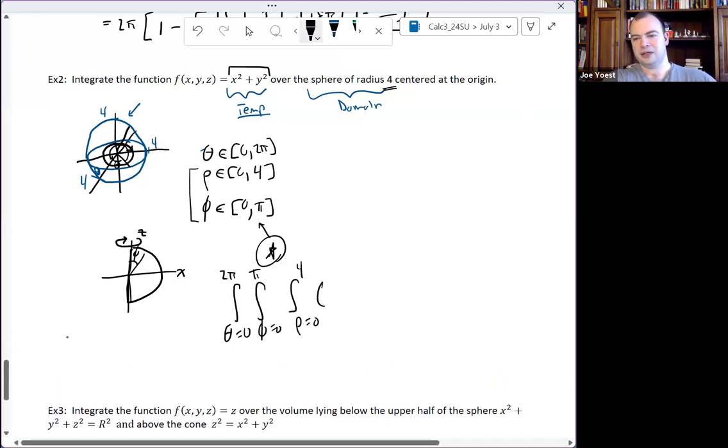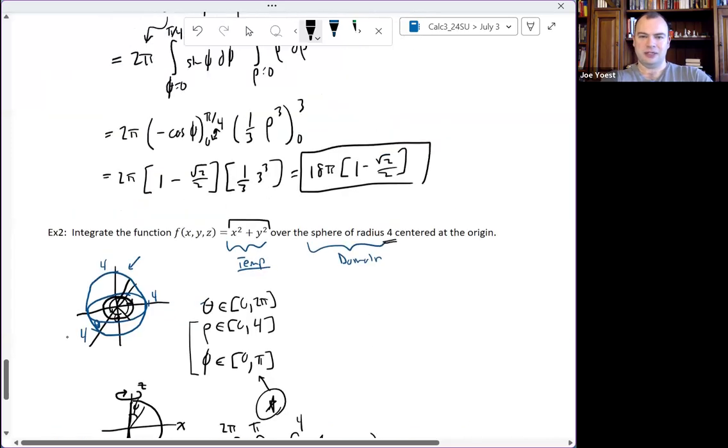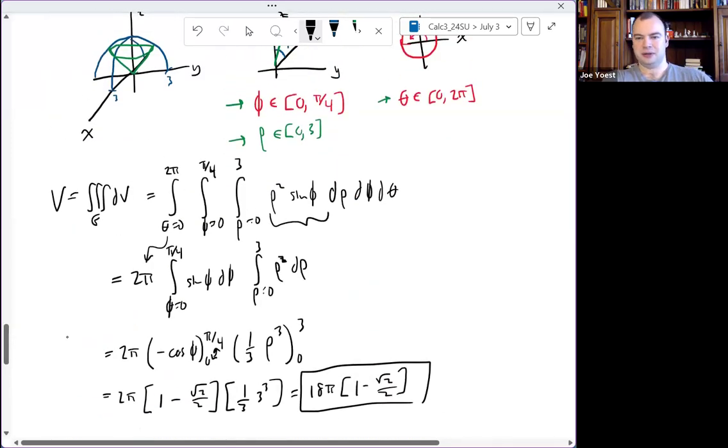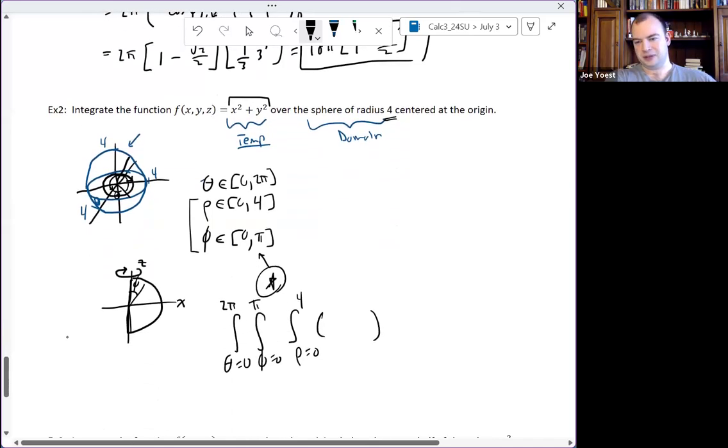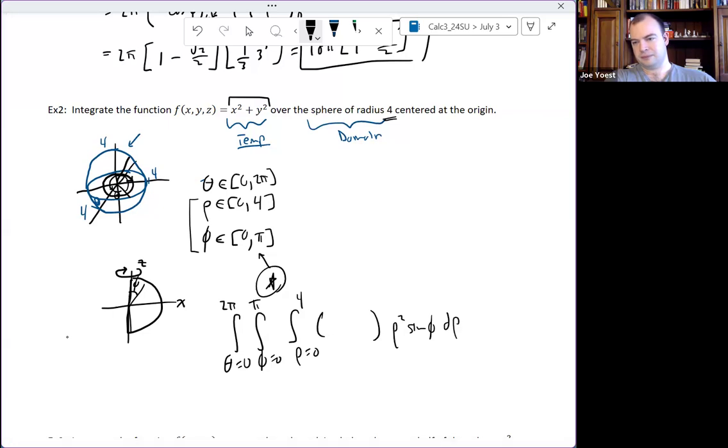And then I want to integrate my integrand, which I'll come back to in a second here. And then I have my dv, remember, which is rho squared sine phi times everything. So this all is dv.